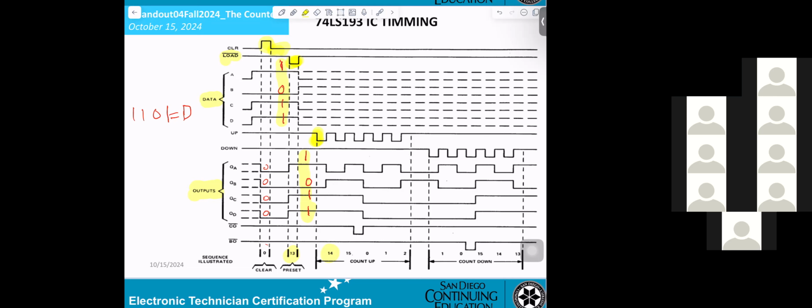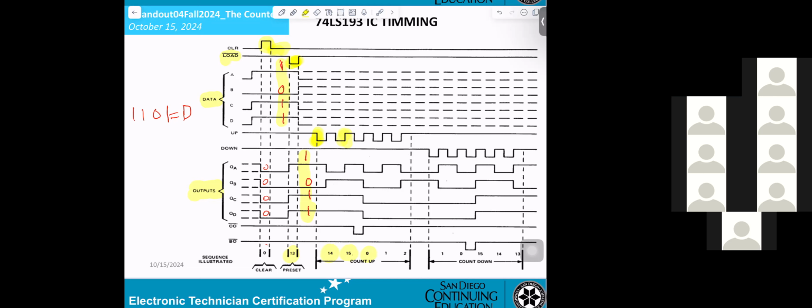Yes, I see it down the bottom, 14. Then you get another clock, another clock 0 to 1 here. They count. Go to what number? 15. And if you apply the clock again, what do they count? 0. So basically they count up 0, 1, 2, 3, up to 15, then 0, till 15 goes over, if you keep applying the clock.